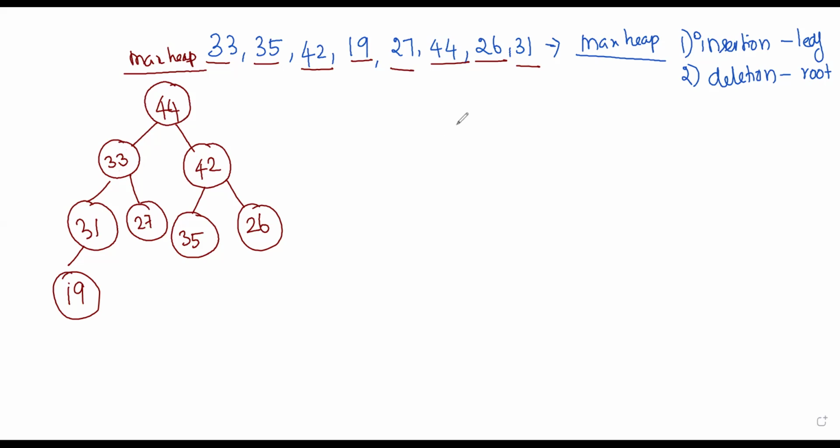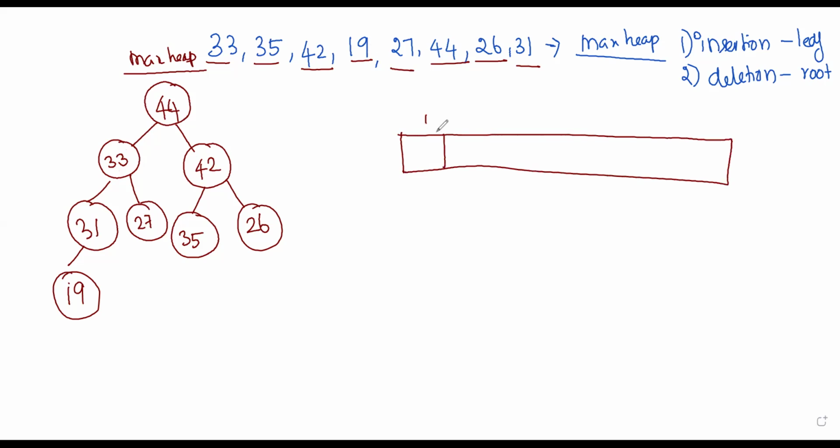The same thing I'll teach you with the array representation. There are 1, 2, 3, 4, 5, 6, 7, 8, 8 elements. Okay, so please listen. My array index starts with 1. We can have any kind of value start.